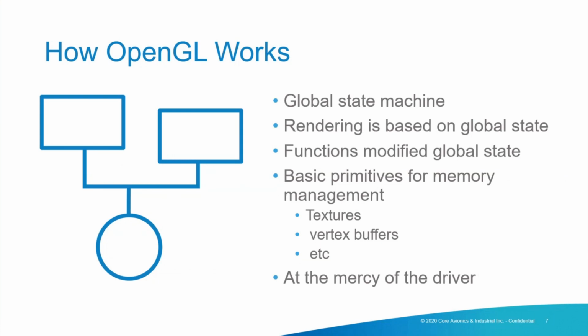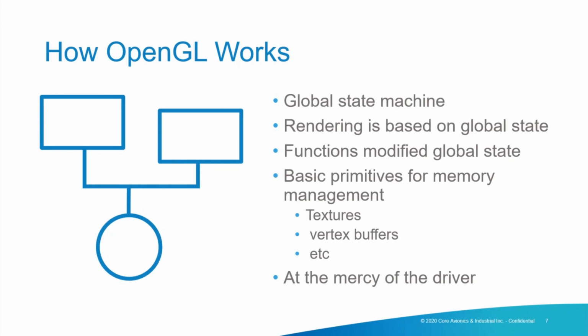So to give an example or better illustration of what this slide means, in OpenGL, there's a global state that exists in the program that represents what the GPU is going to do when you tell it to draw. This state contains information about what shader program you want to use, or what depth test you want to use for 3D rendering, or what the current texture you want to draw is, or what the current lighting values you want to use are.